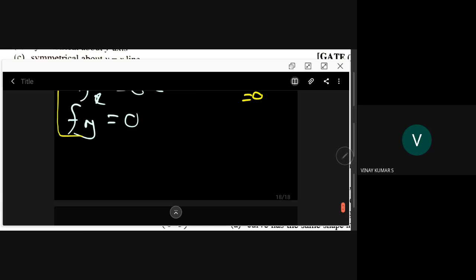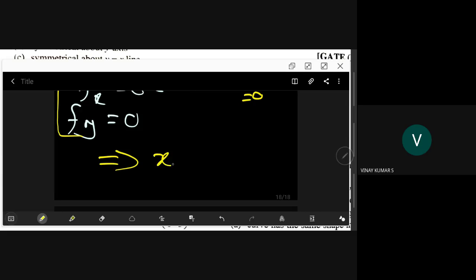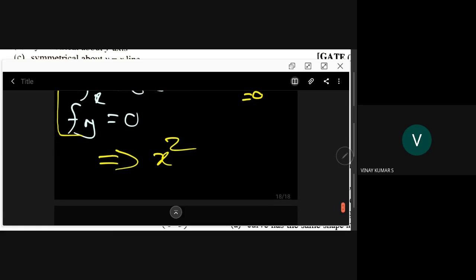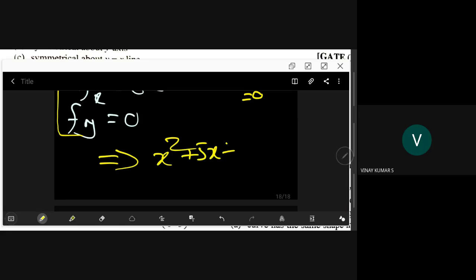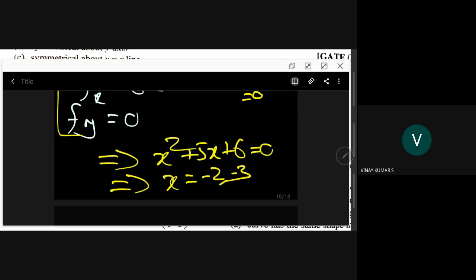This implies x square plus 5x plus 6 is equal to 0, which means x is equal to minus 2, comma, minus 3. And now see what is happening. What is the y value? Y can be anything. Please remember. Because there is no involvement of y here, y is a free variable.